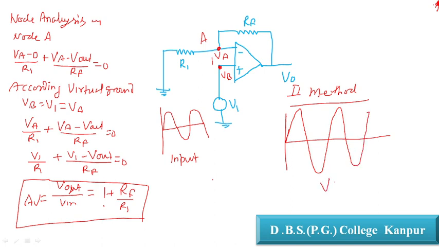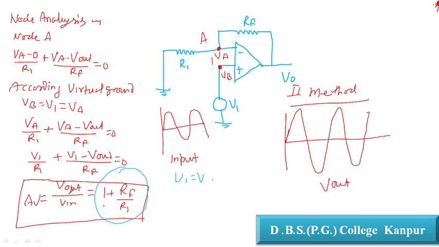This is Vout, and it is increased by the amount 1 plus Rf upon R1. This is the multiplying factor.